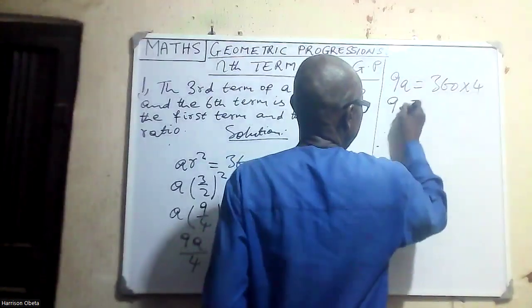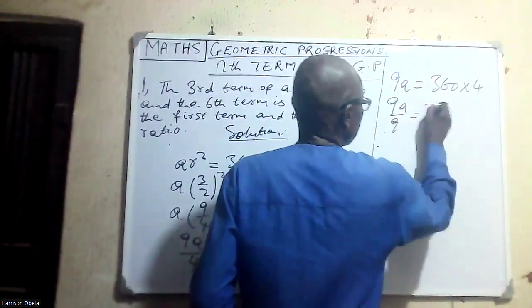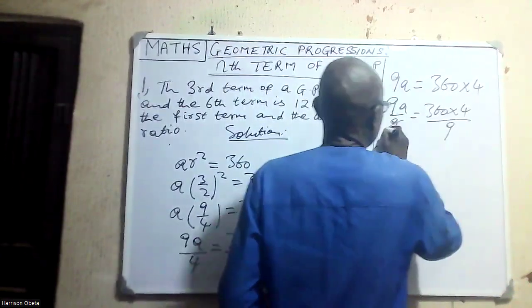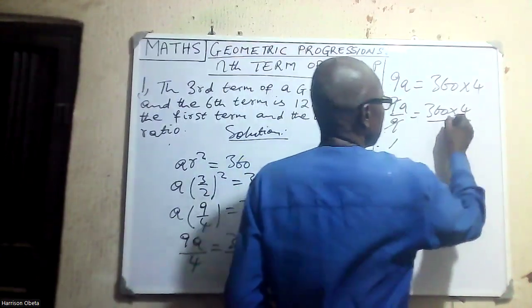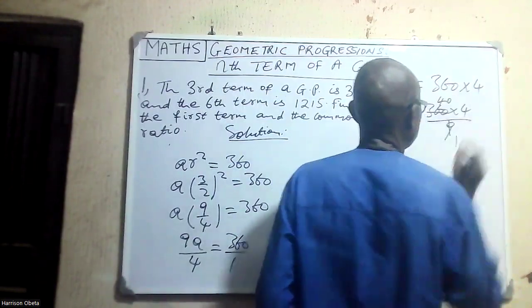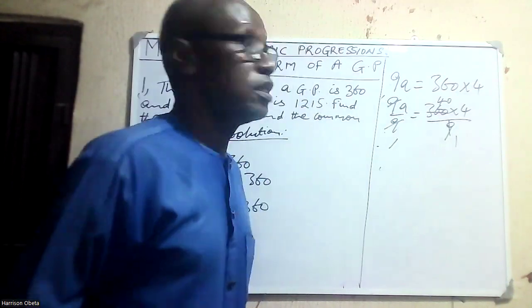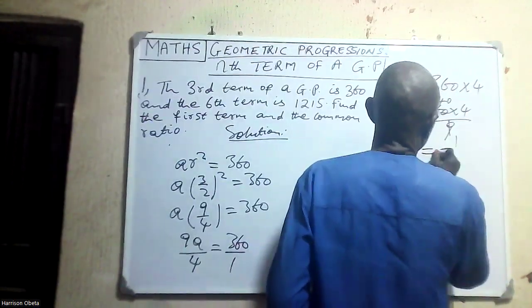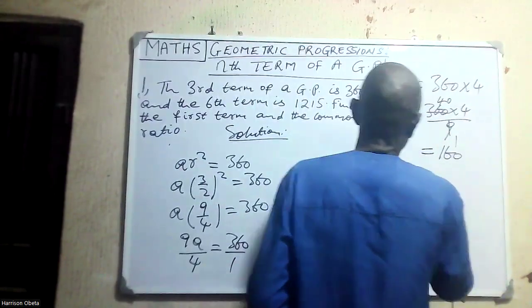That means that 9a over 9 equals 360 times 4 over 9. 9 here is 1, 9 here should be 40. 40 times 4 gives us 160.